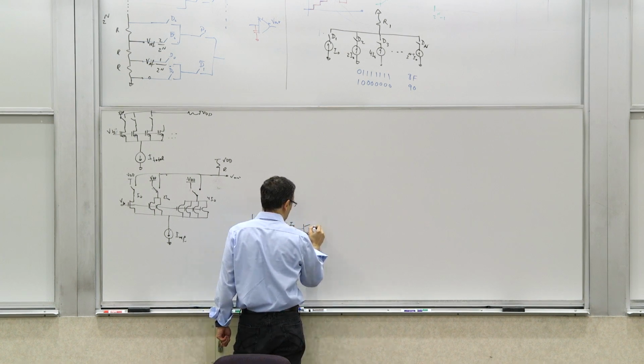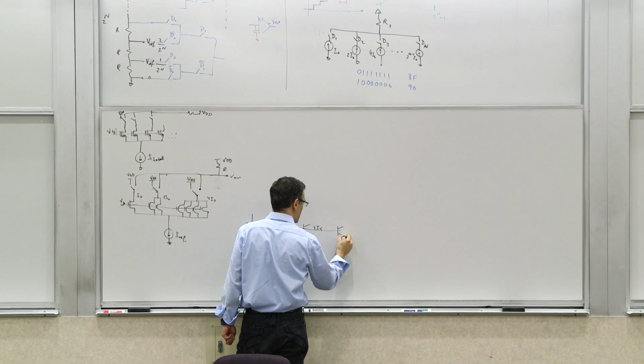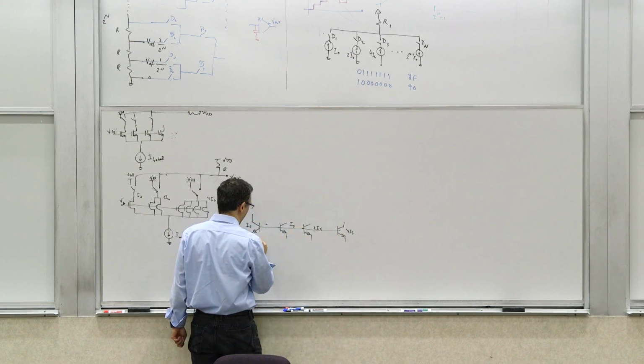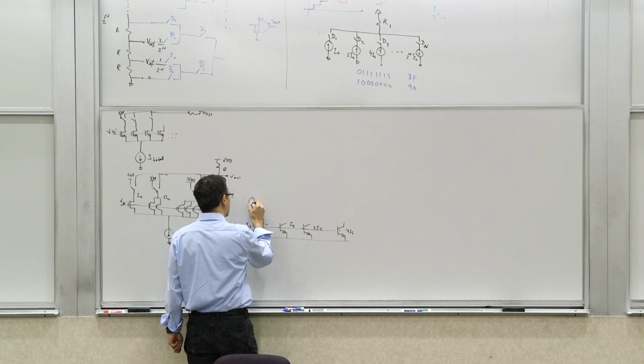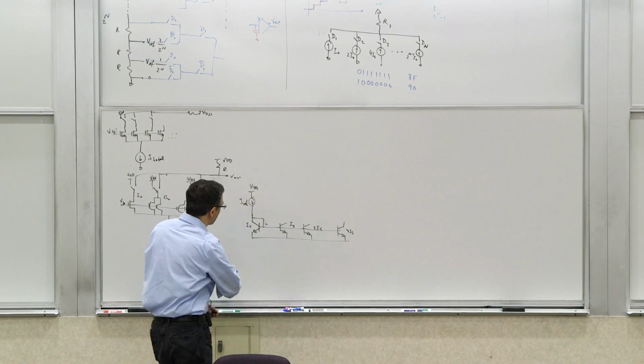This is 2IS, 4IS, and so on and so forth. So you could actually do something like that. And then you have a reference branch or reference current that produces these currents.